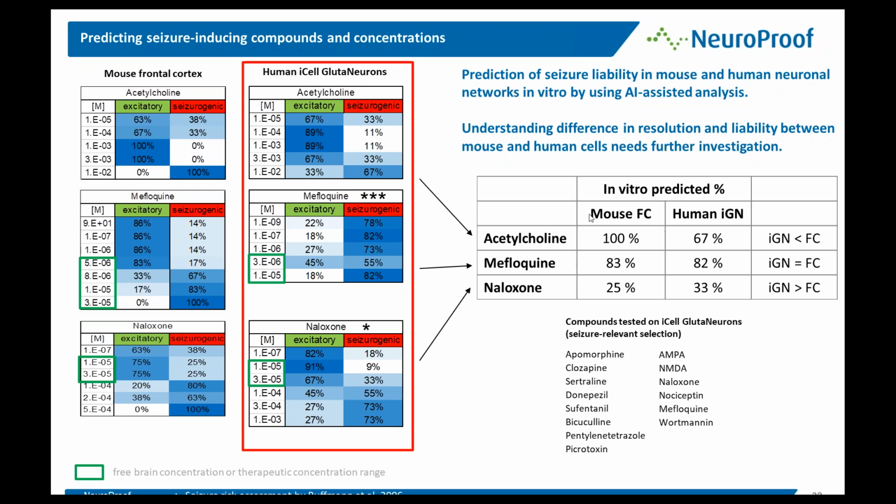And if we compare that between mouse and human iCell GlutaNeurons, they actually can perform better and predict more seizure risk, or equally, than mouse cells. So this is where we need further investigation, how the differences are. But what we can say is that those cells are very nicely applicable for the prediction of seizure in vitro, and that comparing that with a reference model is very advantageous.